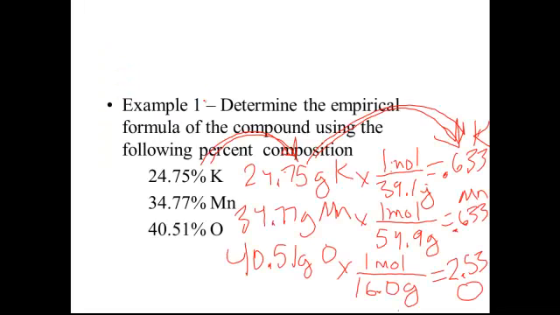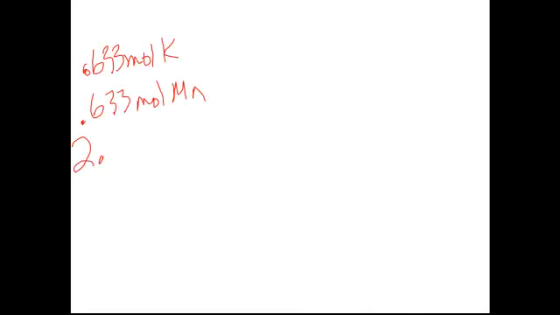So let me transfer this information over here. 0.633 moles of potassium, 0.633 moles of manganese, and 2.53 moles of oxygen. So percent to mass, mass to moles, divide by small.